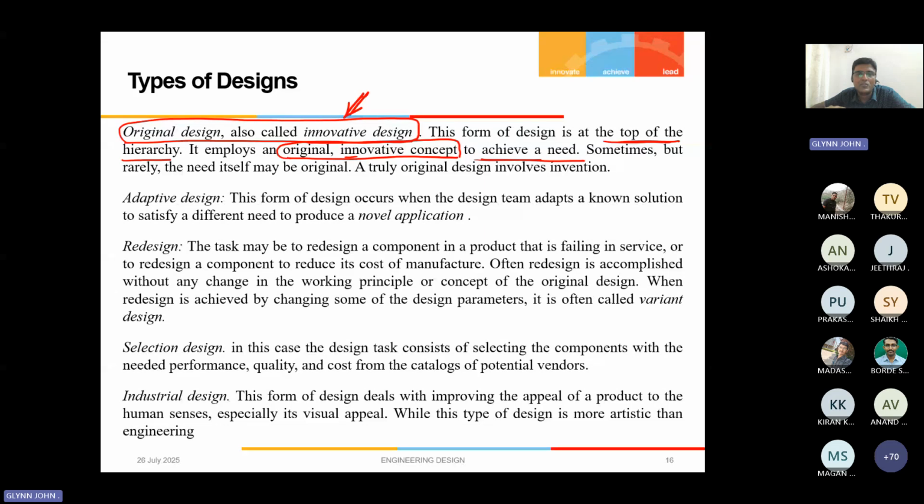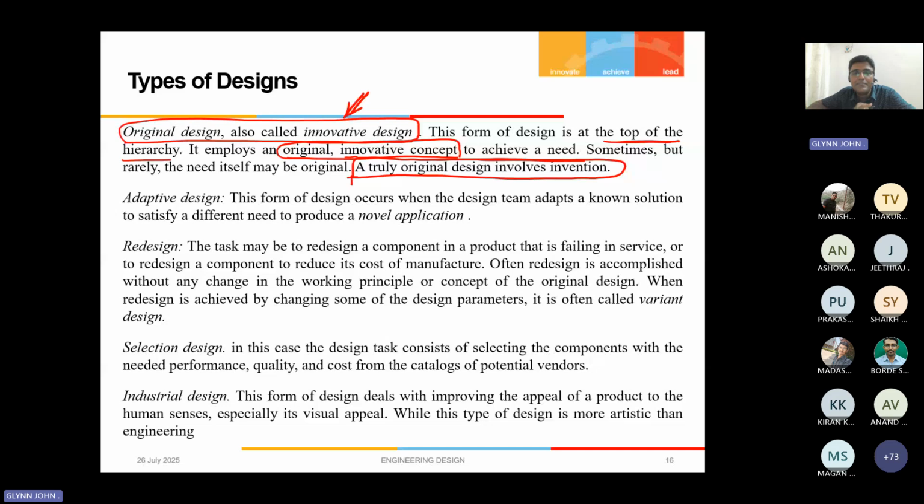So you did not invent something, but you innovated by using the existing solutions, and you put them in a particular way that has given you something totally new, right? A truly original design involves invention. Here, innovation means that you put everything together and finally the product becomes new.